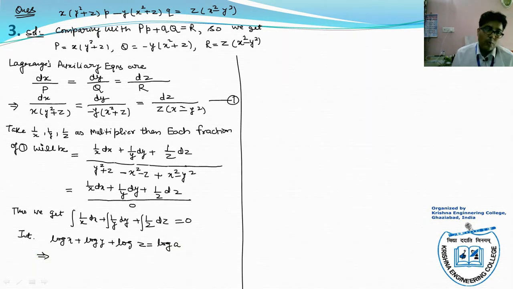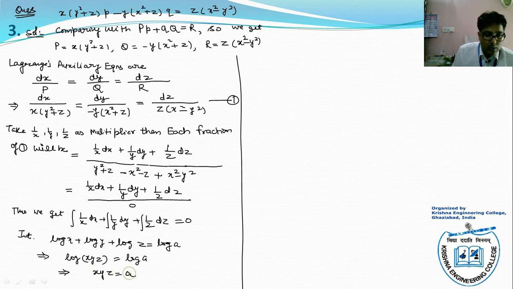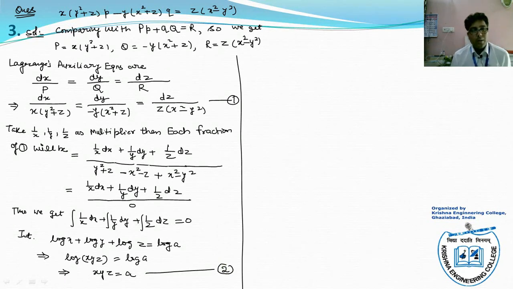Using the property log a plus log b plus log c, this becomes log xyz is equal to log a, and taking the antilog on both sides, we get xyz is equal to a. This is equation number second, or this is one independent solution. Now find another independent solution.